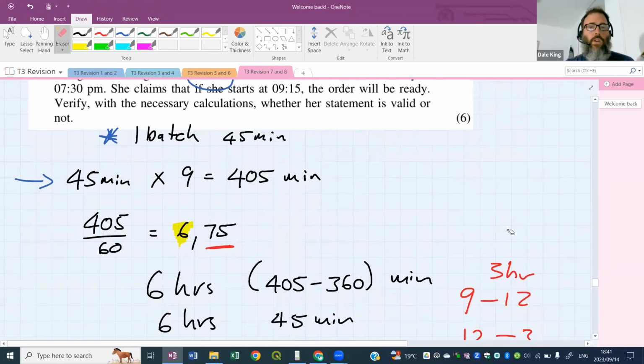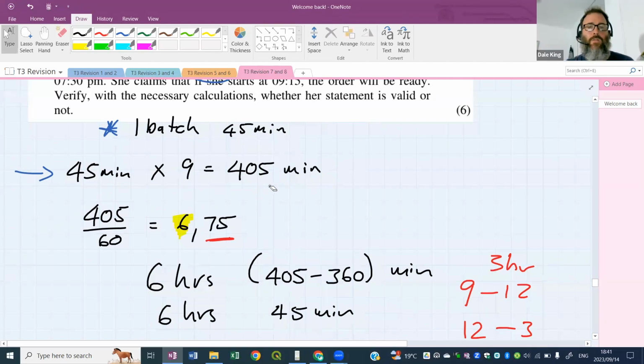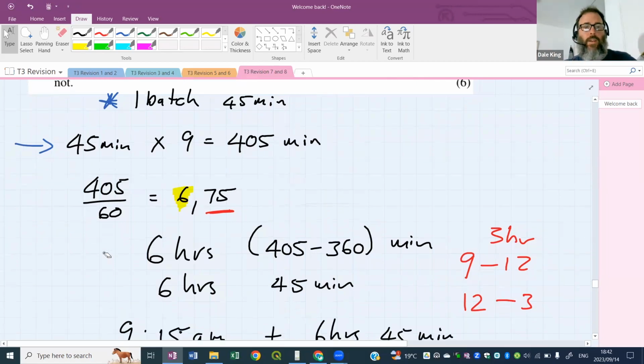Now we want to know how many hours are in 405 minutes, because we're starting at 9:15 and need to check if we'll get to 7:30. So we've got to add hours and minutes on. We divided by 60, because that cuts the minutes up into 60-minute pieces, which is 1 hour.